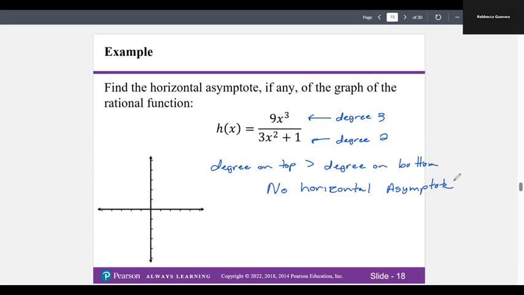It comes up almost like a straight line, does a little squiggle, and just keeps on going. As x goes toward positive infinity, y goes toward infinity. As x goes toward negative infinity, y heads toward negative infinity. So we have no horizontal asymptote.